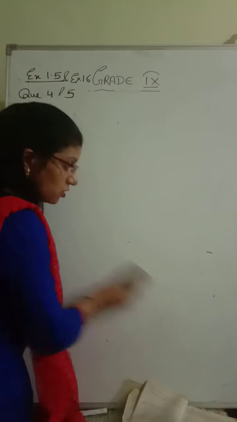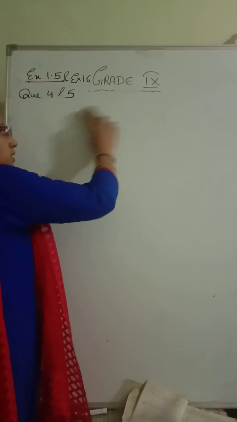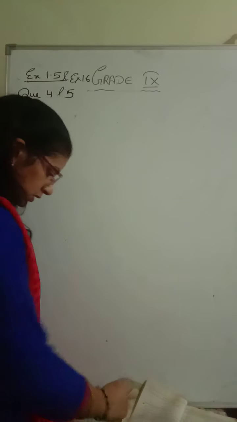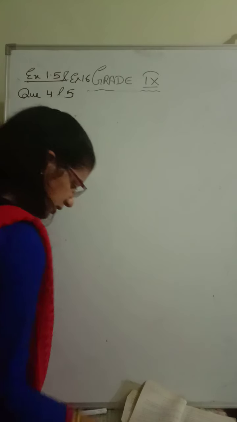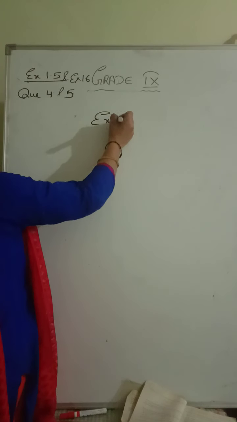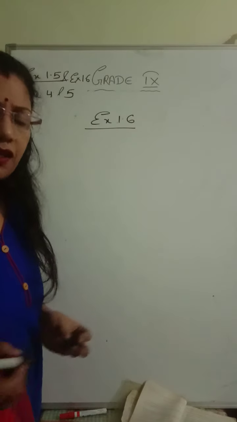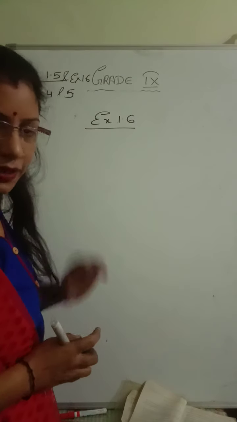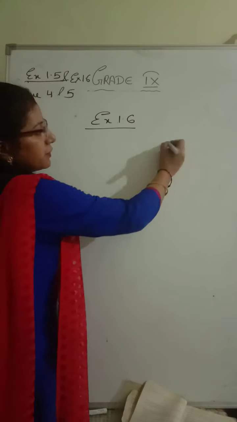It's very easy. Try yourself. Okay. So now exercise 1.6. As you have seen in class 8, you have done the exponent and power. So what are the rules there?